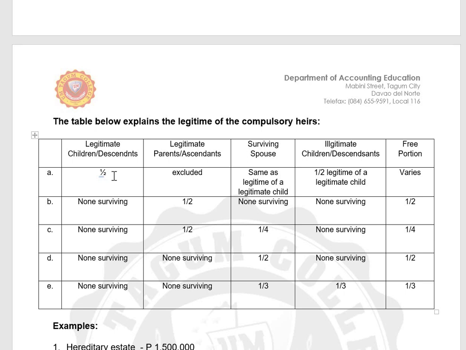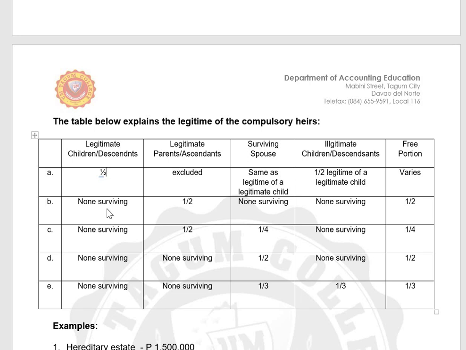So, yung half of the hereditary estate is nasa legitimate children. Tapos, i-divide mo siya if how many children. Then, ang share ng each child, equal siya sa share ng surviving spouse, equal sa share ng one child, or each child. Yan. So the rest will be free portion.